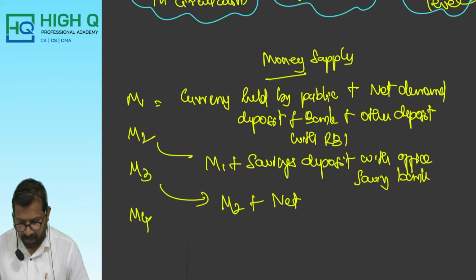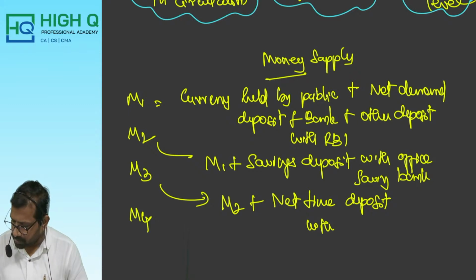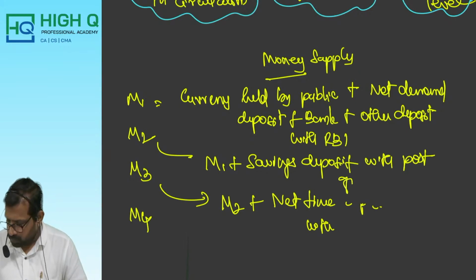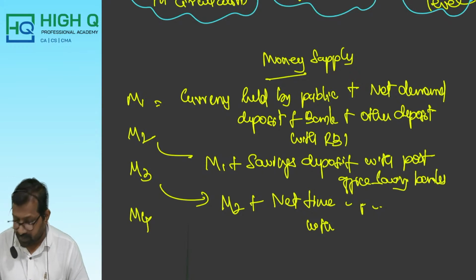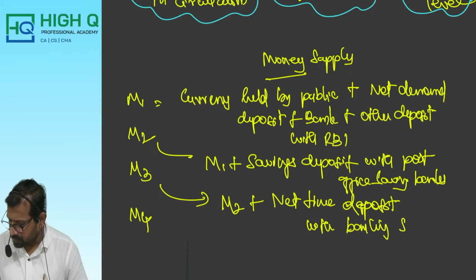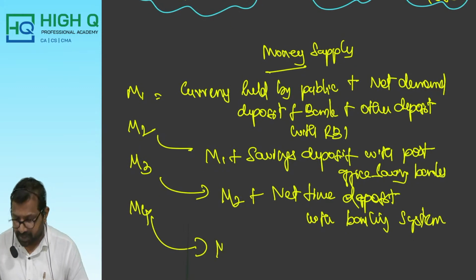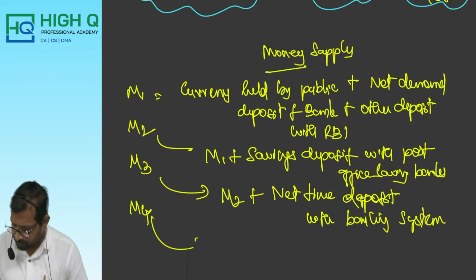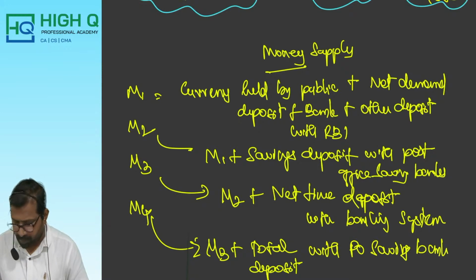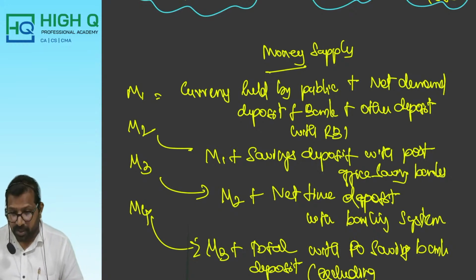M3 represents M2 plus net time deposits with the banking system. Then M4 represents M3 plus total deposits with post office savings banks, excluding NSC.